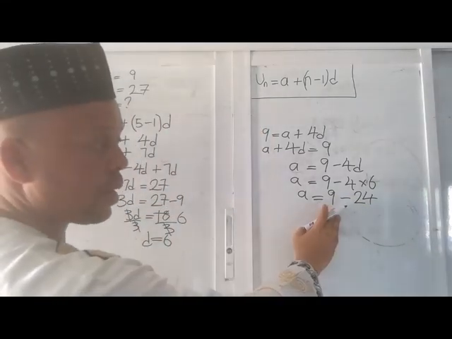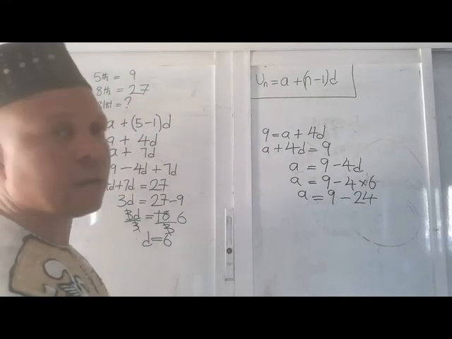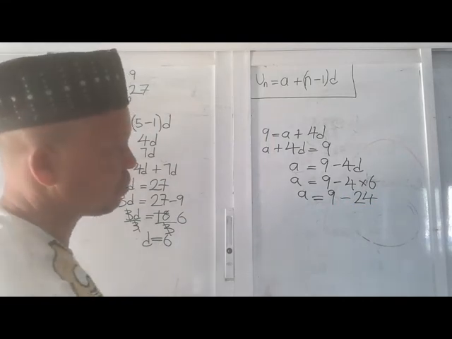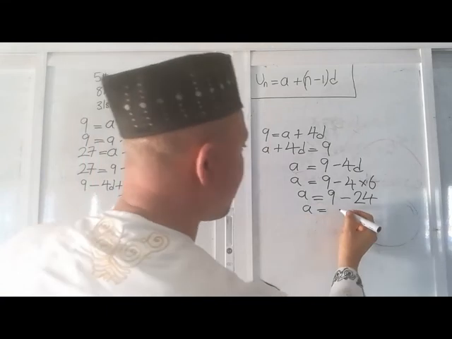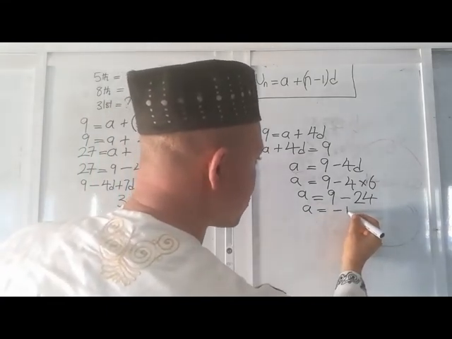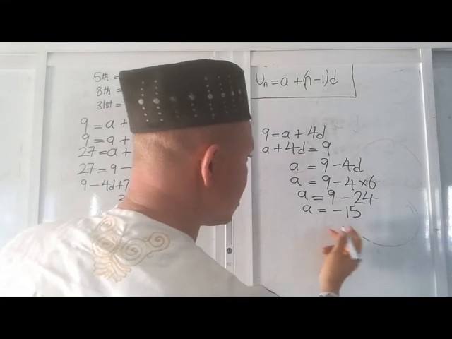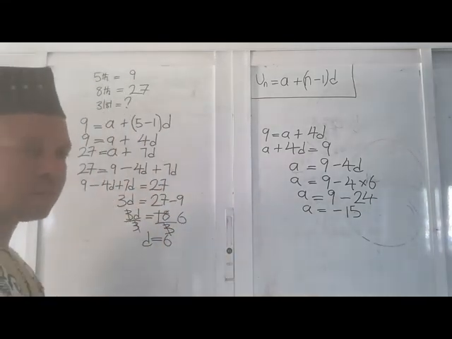A smaller number is subtracting a bigger number. So the answer will definitely be a negative answer. So my A will now be minus 15. So minus 15 is my A, while 6 is the common difference.